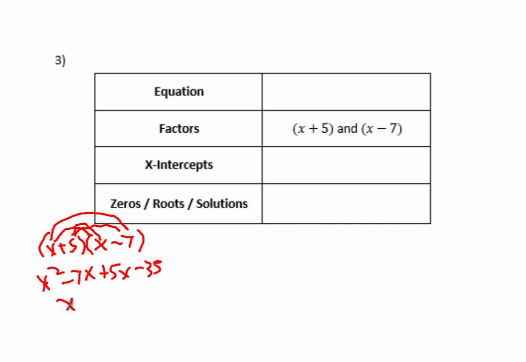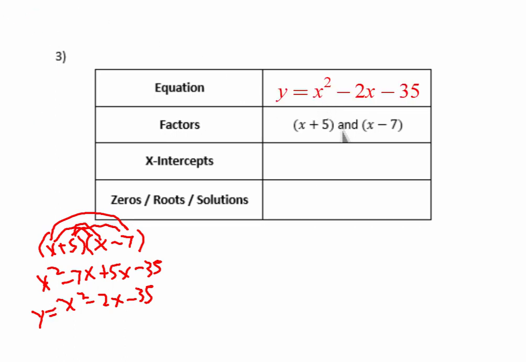Combine my like terms and I get x squared, negative 7 plus 5 is negative 2x, minus 35. And I just want to make sure I remember to put my y on the front of that so that my equation is y equals x squared minus 2x minus 35.